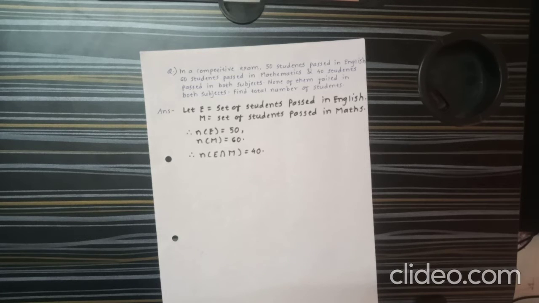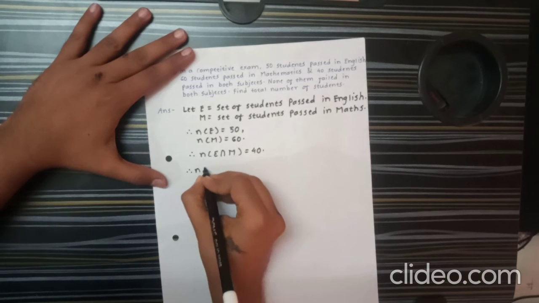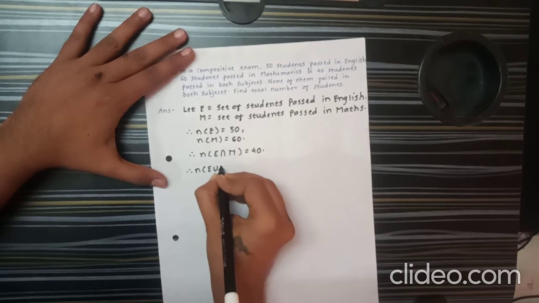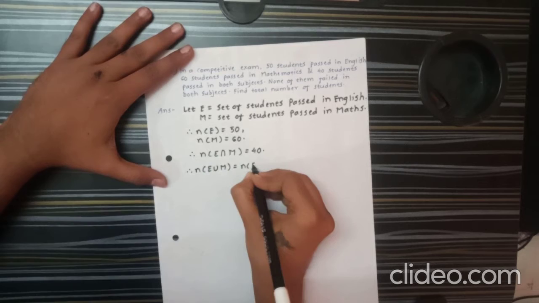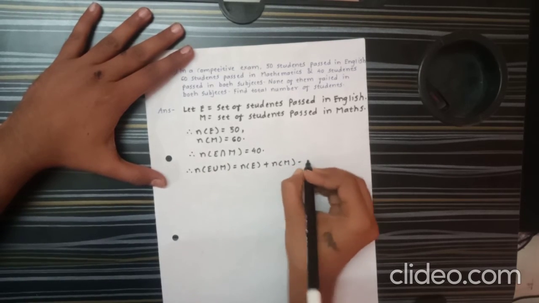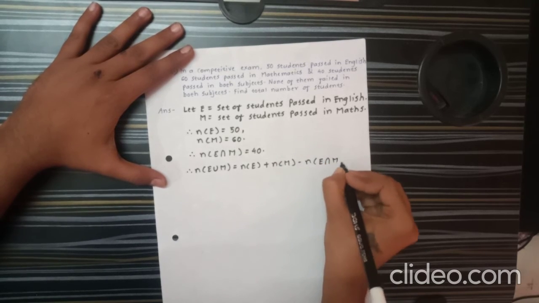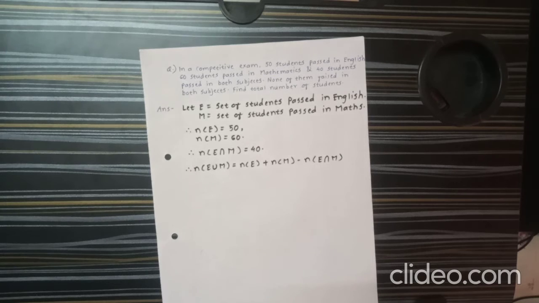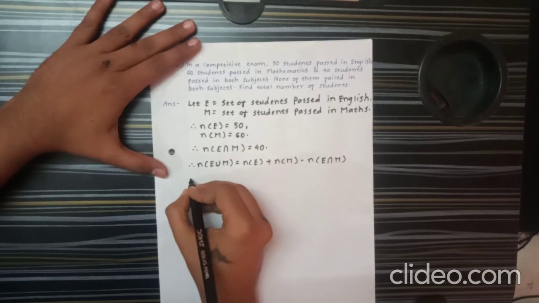So we are going to use the formula for union and intersection of two sets. Therefore N of E union M is equal to N of E plus N of M minus N of E intersection M. In this particular formula we are just going to substitute the values, so we will get the total number of students.